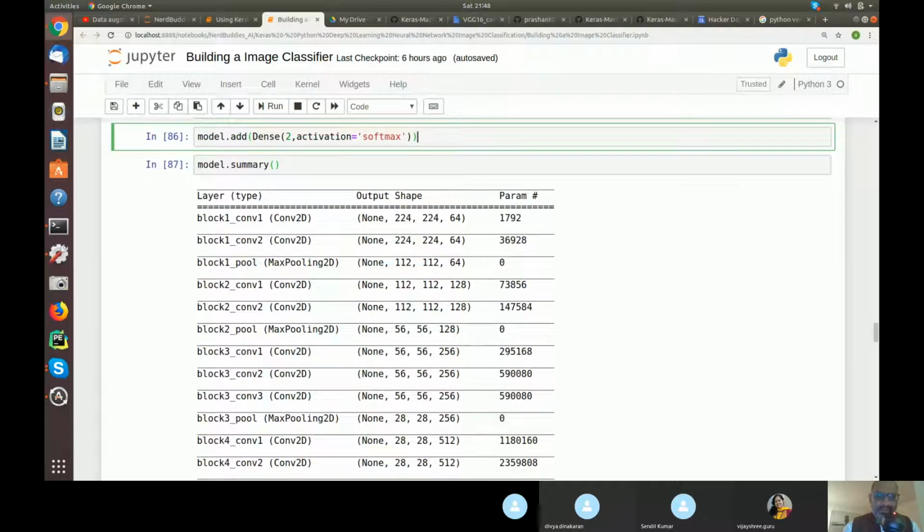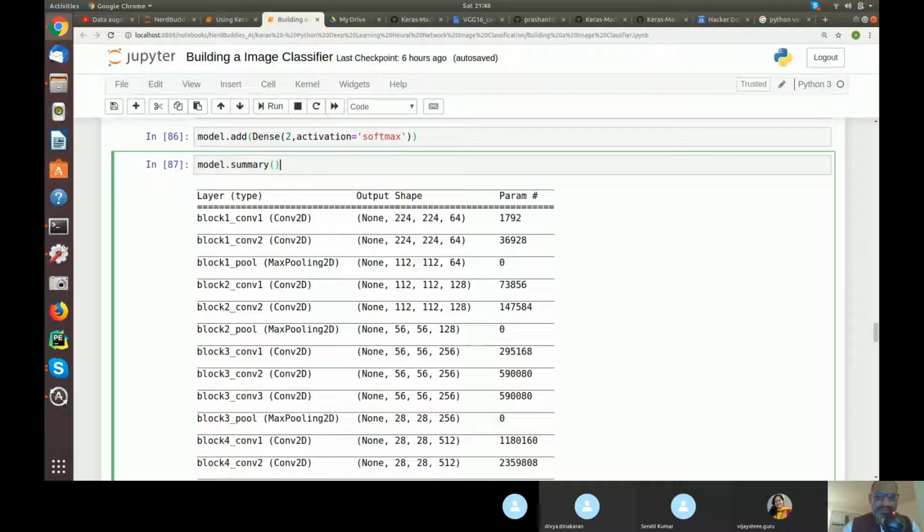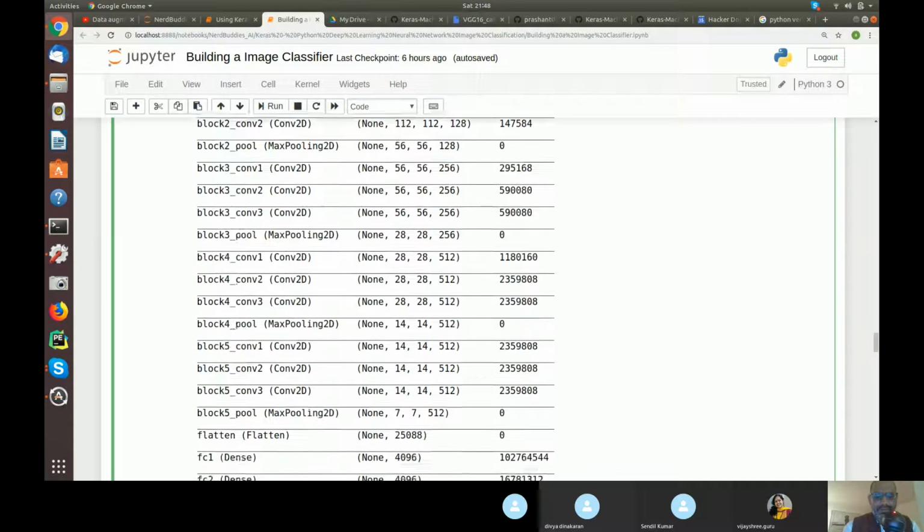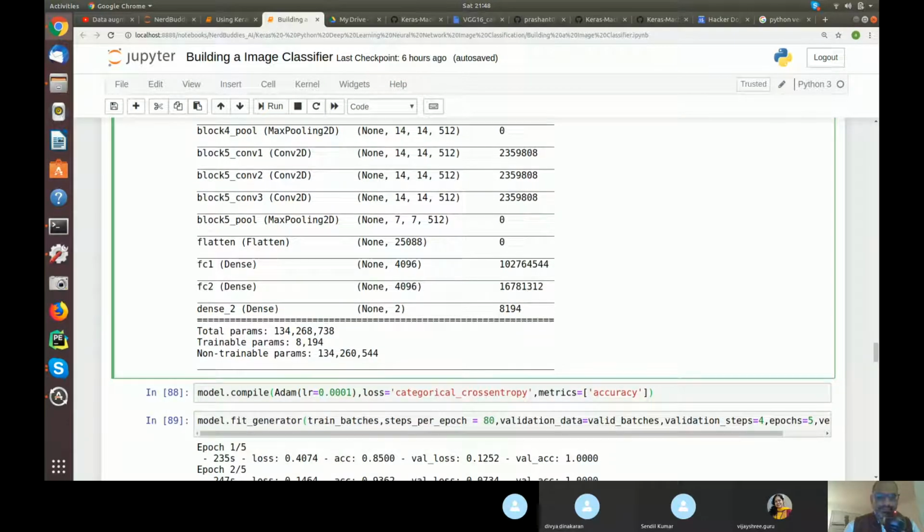And if you run model.summary, now you'll see at the bottom you have this new dense layer, and this has 8194 parameters, and the model is showing these are the trainable parameters. That sound okay? Yeah.